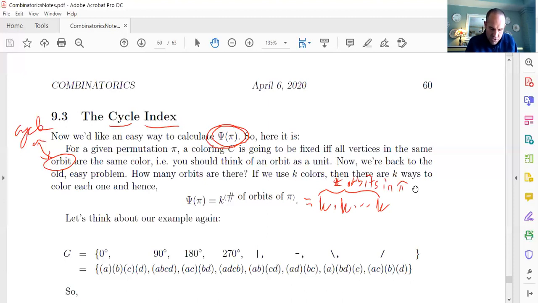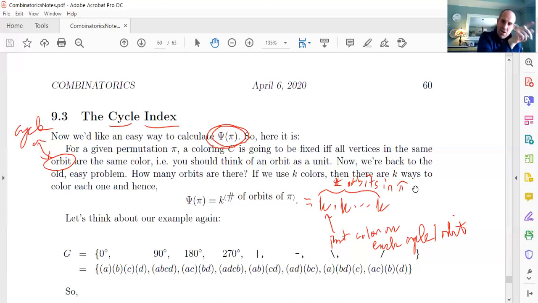What we're doing here is we just put a color on each cycle or orbit. Put just one color, and since that thing is going to rotate around to everything else, that same color needs to be put on all those other things as well.